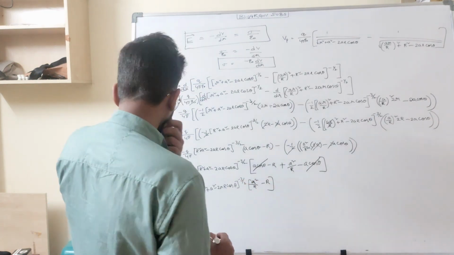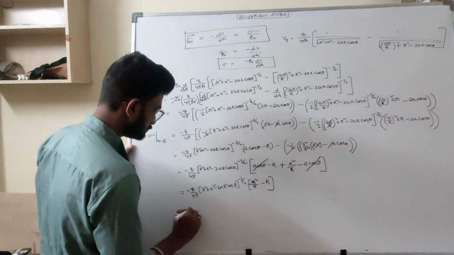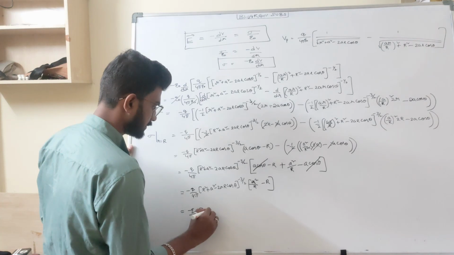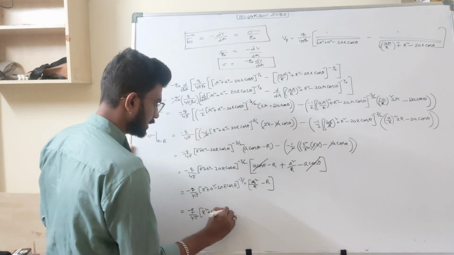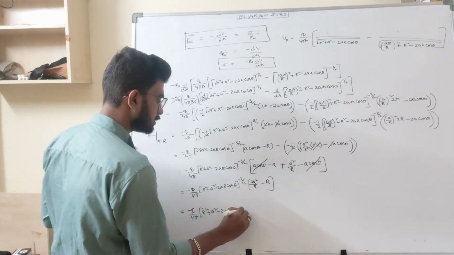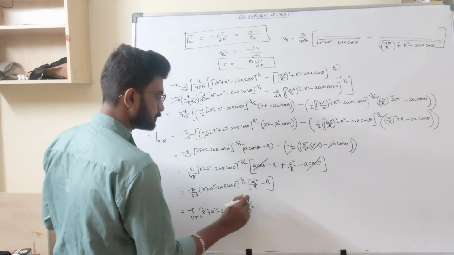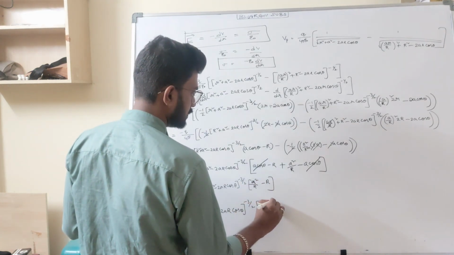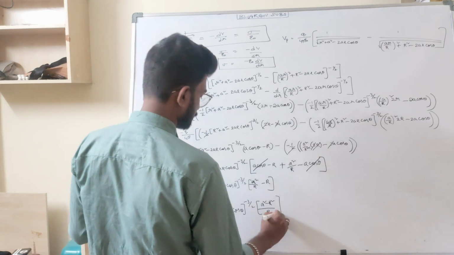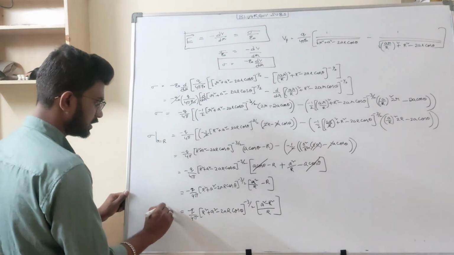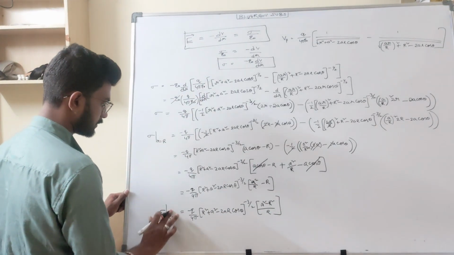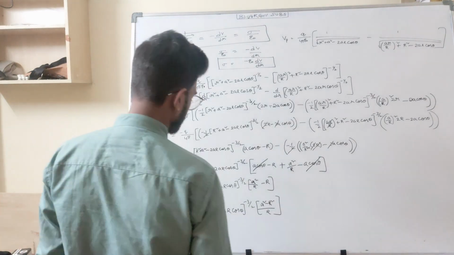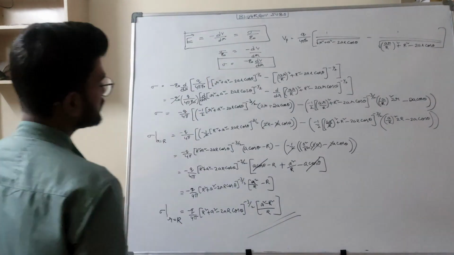So a square minus r square by r. This was the charge density at small r equal to capital R. So yeah, this was the charge density.